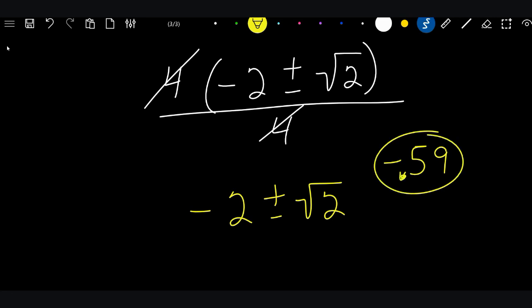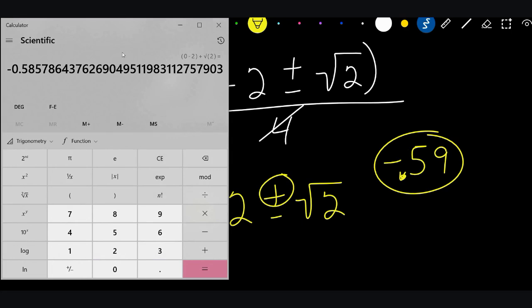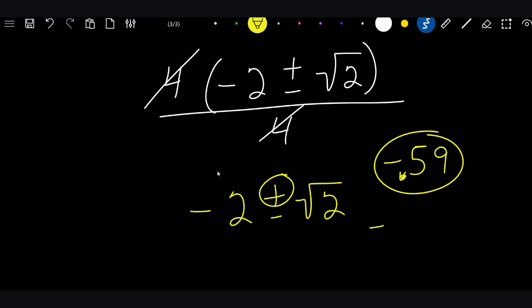Okay, there's one answer, and that's the positive answer. Then the negative answer would give us something different. I'll just clear it out. So negative 2, now I'm doing minus the square root of 2, equals, and that one would be negative 3.41.